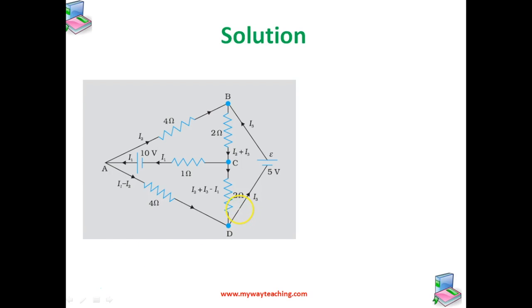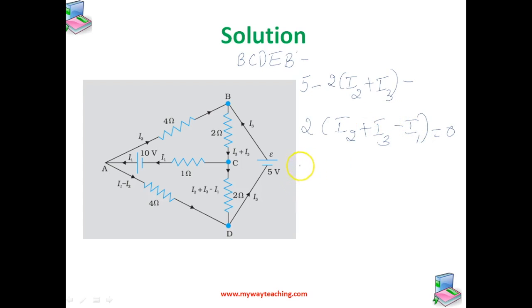Now if you consider the third loop, that is BCDEB, then we'll get 5 minus 2 into I2 plus I3 minus I1 is equal to 0.